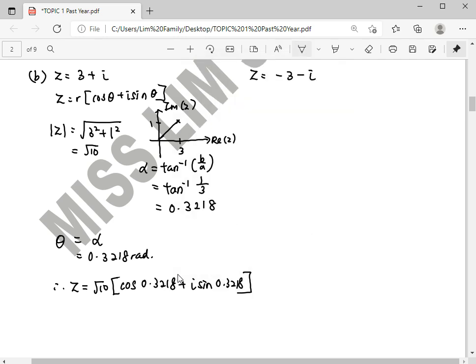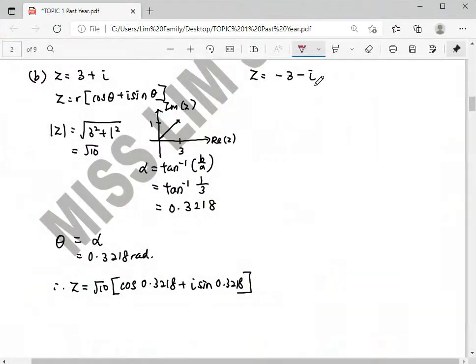Okay, so we go for the second complex number there. For another complex number here, negative 3 minus i, we find the modulus first. So square root, a is negative 3, b is negative 1. So coincidentally they're having the same answer. Never mind.